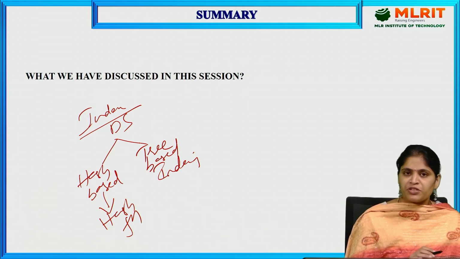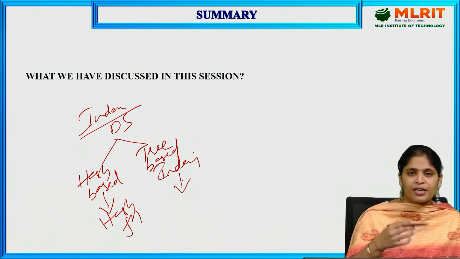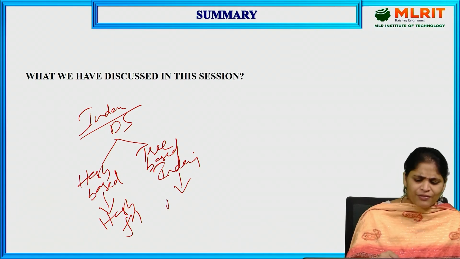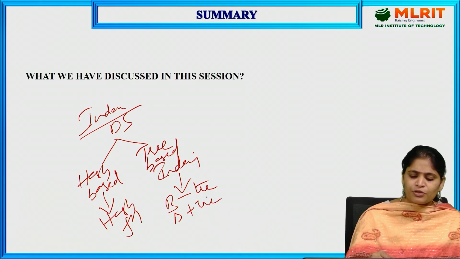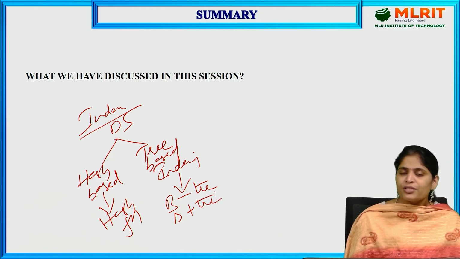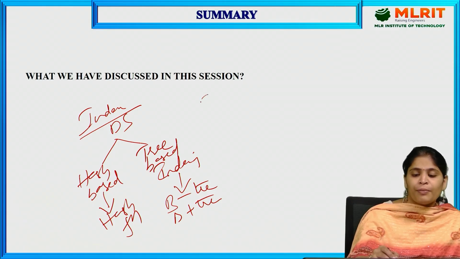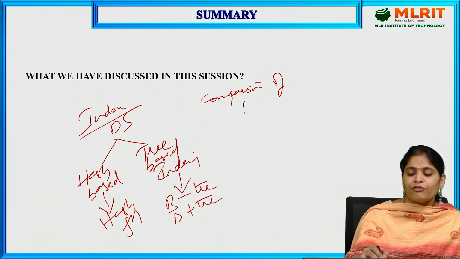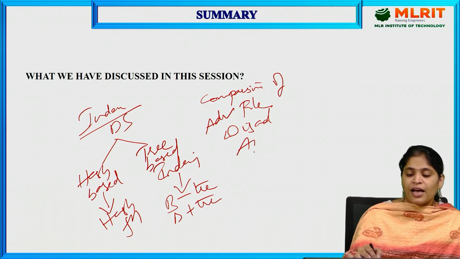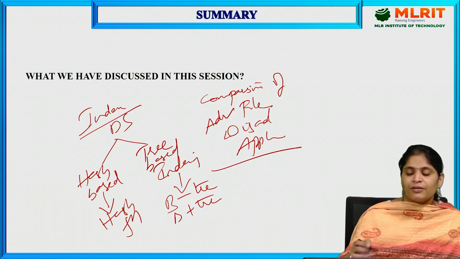Tree based indexing is a hierarchical structure. Here we have different types of B trees and B plus trees. These are different types of tree file organizations to store the records in a hierarchical manner. And apart from this, we have discussed different types of file organizations, that is, a comparison of file organizations, their advantages, their disadvantages, and applications. Thank you.